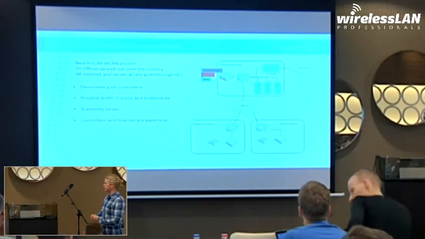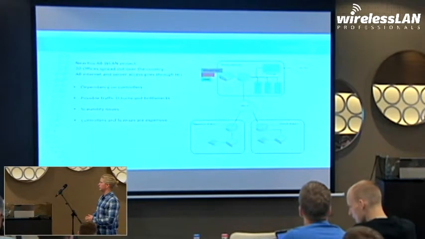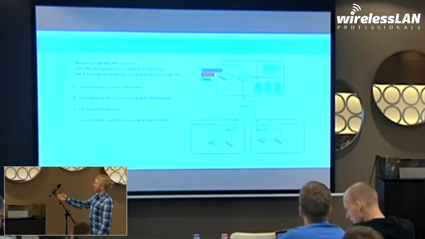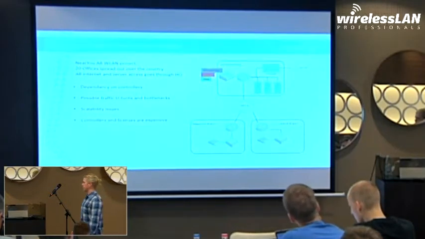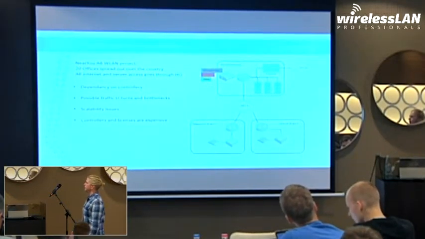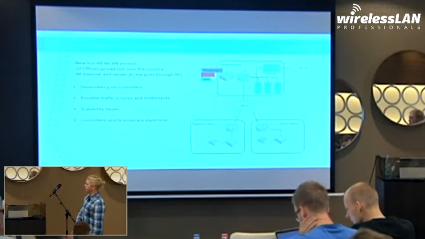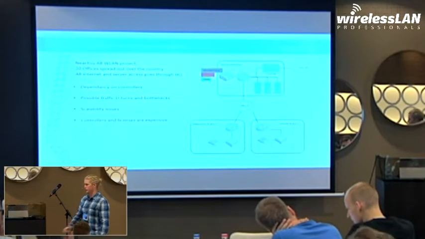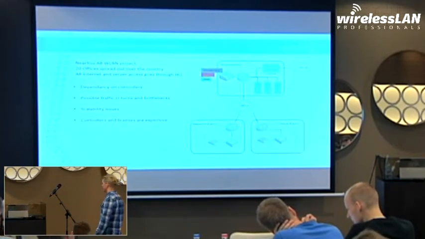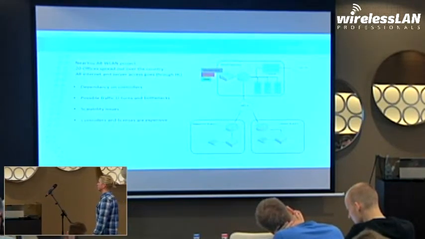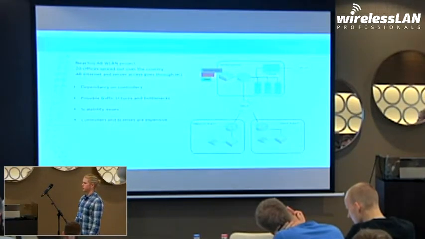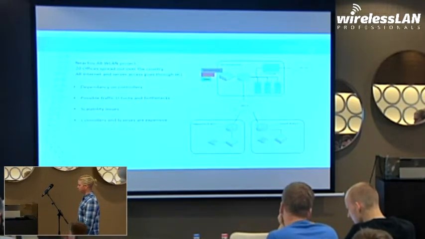In this case, if you had deployed all centralized data forwarding, and suddenly Maastricht decides to put up their own file server down there, traffic would tunnel all the way to Amsterdam just to go back to that file server, and the response would go all the way to Amsterdam again into the tunnel. So you have to think about what the traffic patterns will be for each customer when choosing architectures.